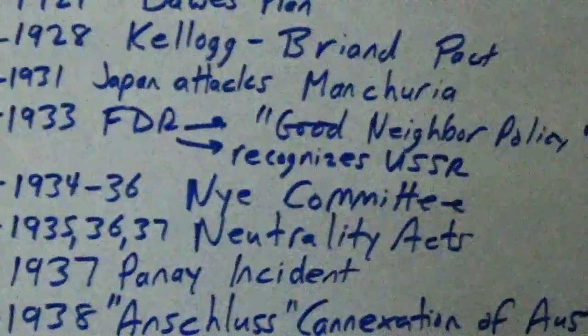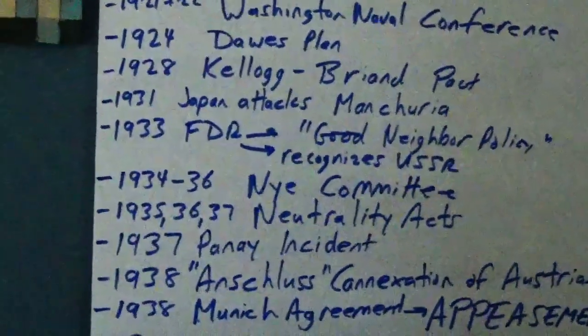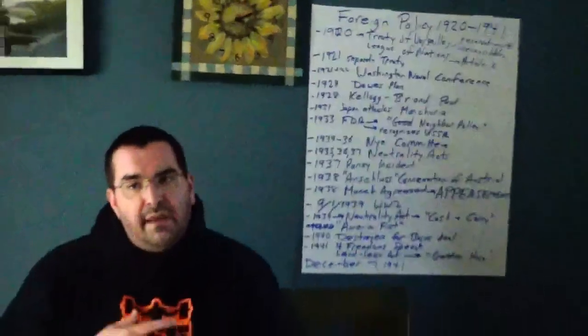In 1933, FDR does something that creates a little bit of controversy. He recognizes the Soviet Union, the USSR, as a nation. Prior to that, ever since the Russian Revolution, the US had said, no, communist government, you do not exist. Why would he do that? Well, for one thing, Great Depression, maybe we can trade a little bit.